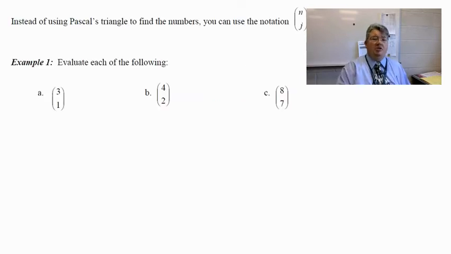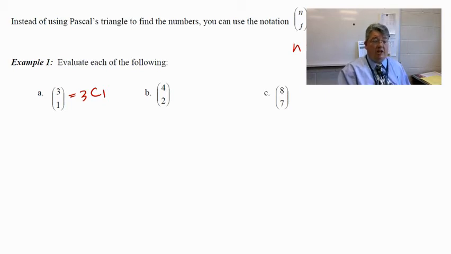Now, you don't have to use Pascal's. You can use this thing. It's called a combinatorial. You've seen it before. You might have seen it like nCr or something like that. So instead of this n over j, this is the same as n choose j. So if I was to evaluate this, this is the same as 3 choose 1.